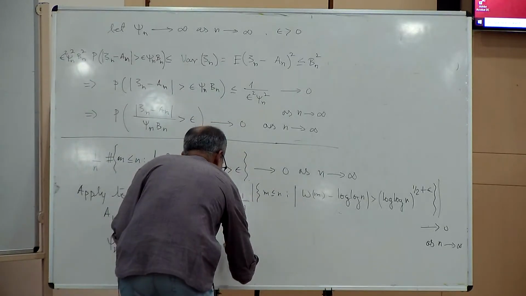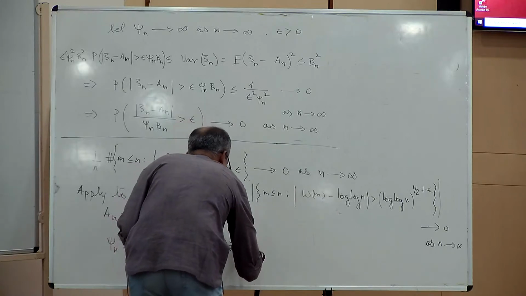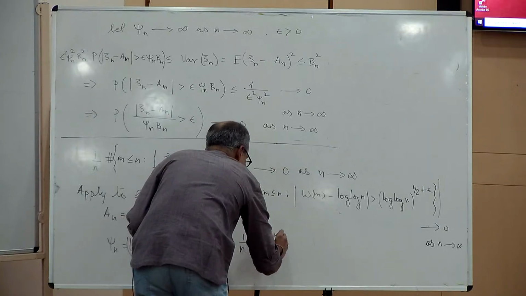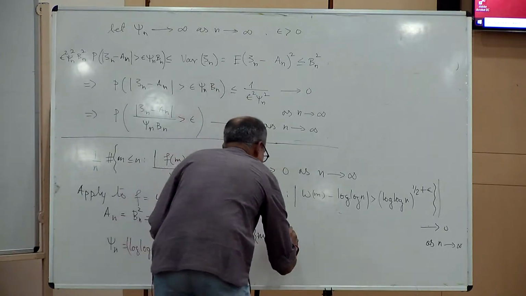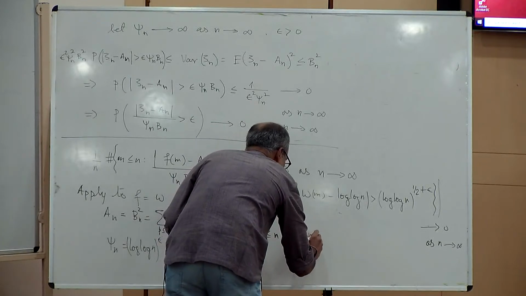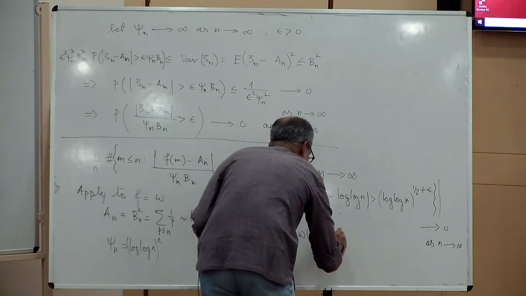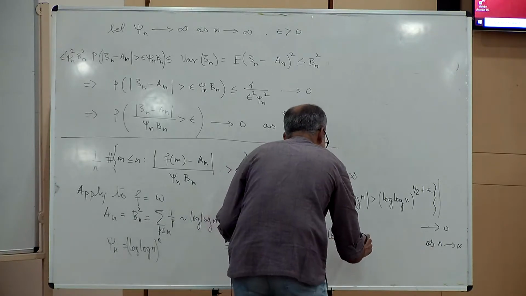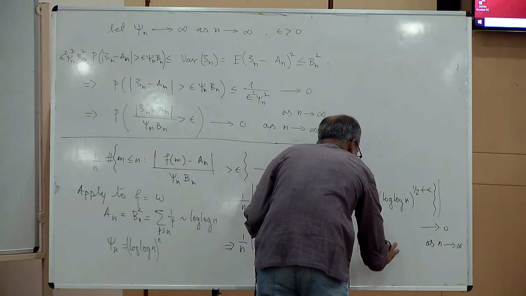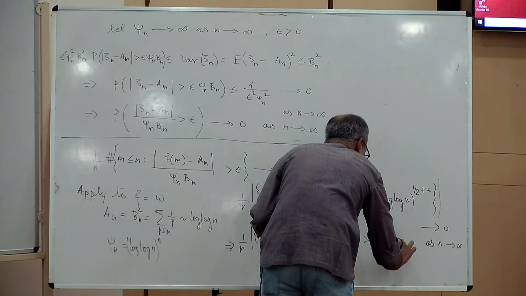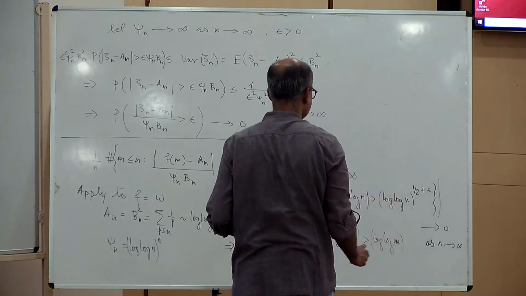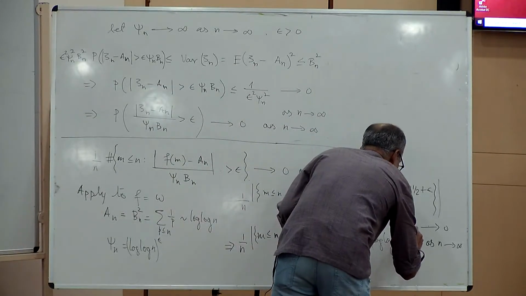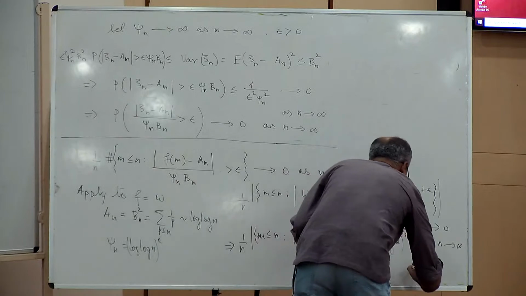That is a consequence that is not too difficult to prove from here: the proportion of m less than or equal to n such that omega m minus log log m is greater than log log m to the half plus epsilon goes to 0.